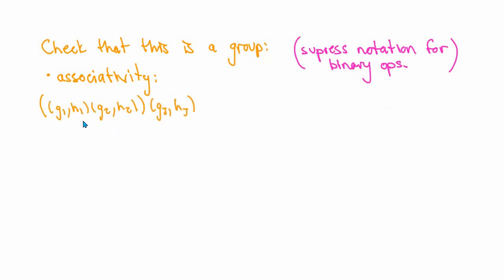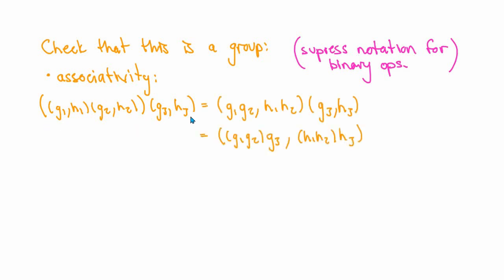And that means we need to think about what happens when we multiply together three elements of the Cartesian product. Well, if we do this multiplication by multiplying the first two first, and then multiplying the result with the third, it's going to give us something that looks like (G1 G2 times G3, H1 H2 times H3).